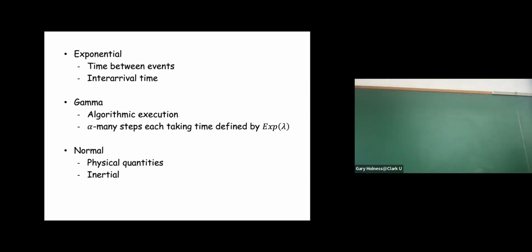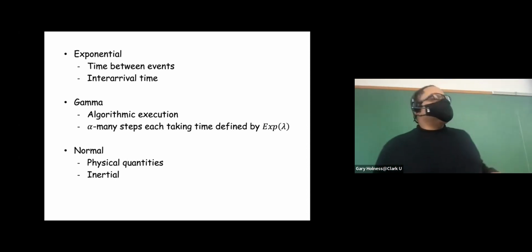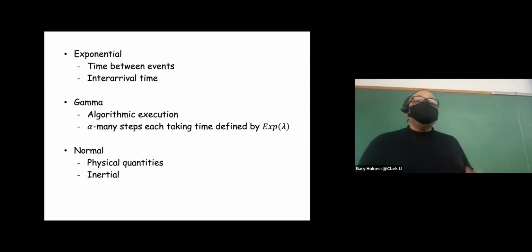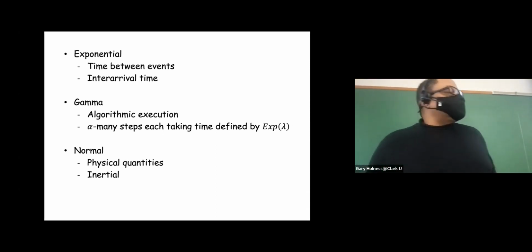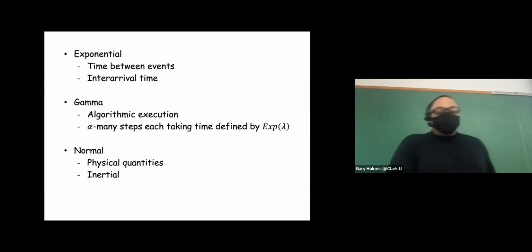And this actually follows from the Poisson. It's the amount of time until the next occurrence of an event. Now, Poisson is discrete and has a mass function, but exponential, even though it's related, is not the same. It's continuous. It has a density function.